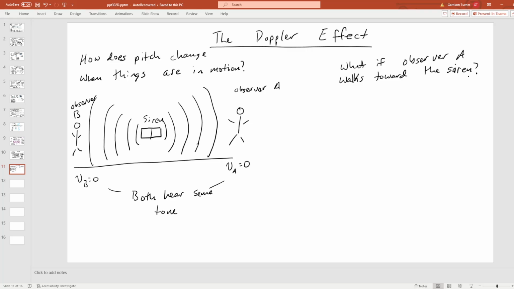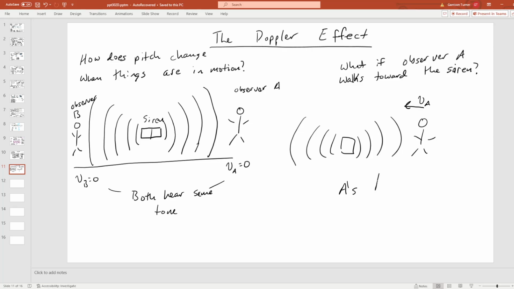Well, in that case, because observer A is now moving toward the siren, let's draw it here, A's perspective.